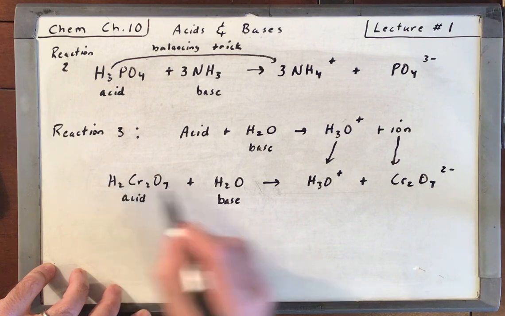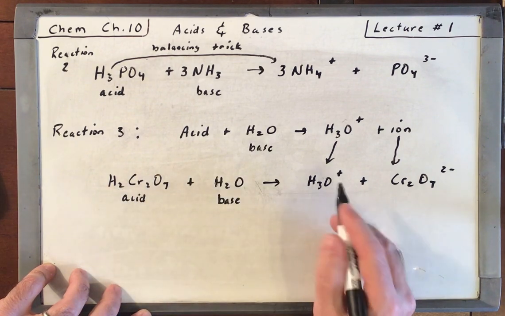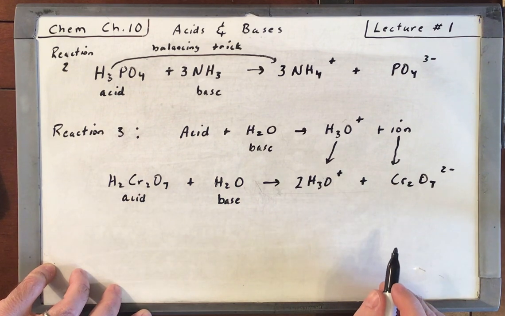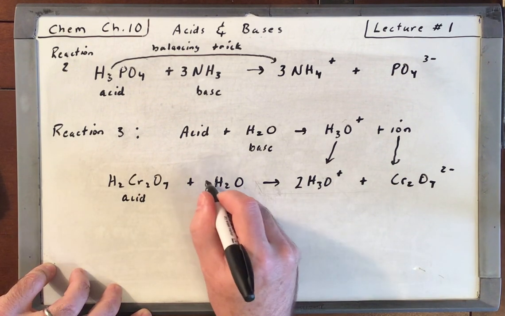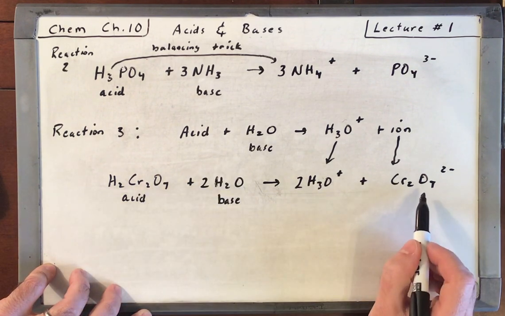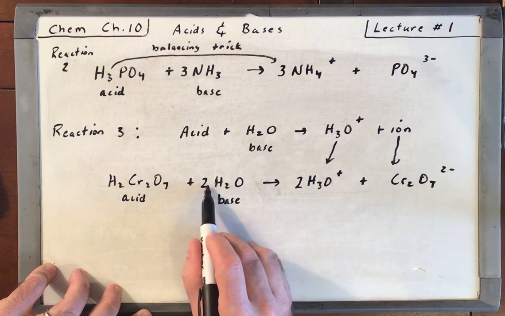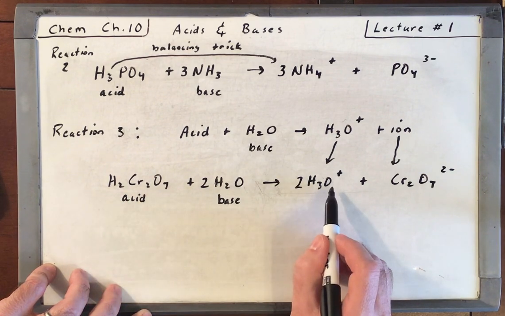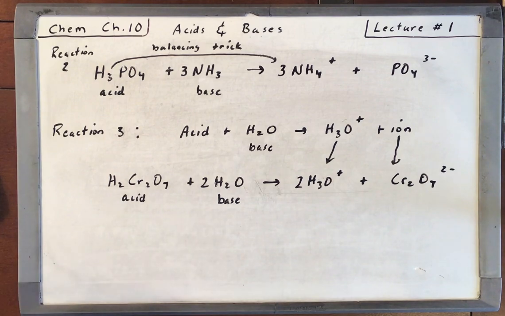We had 2 hydrogens. H2O can only take 1, so let's put a 2 right there. All right. Now I also would need a 2 right here to balance it. Cr2O7 is balanced. You have 6 hydrogens over here, 4 plus 2, 6 hydrogens over here, 2 oxygens, 2 oxygens. So that one is good.